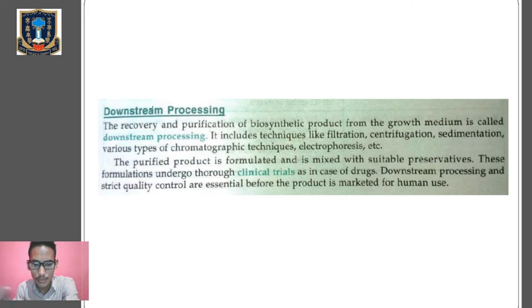Downstream processing and strict quality control are essential before the product is marketed for human use. So once the product has been produced, it has to go for purification, which is called downstream processing, and after its purification, it has to undergo clinical trials. Only after clinical trials, if it is safe for human use, can it go for marketing.